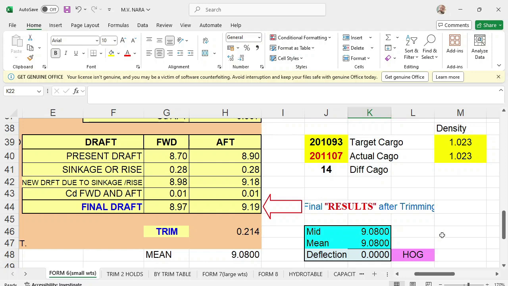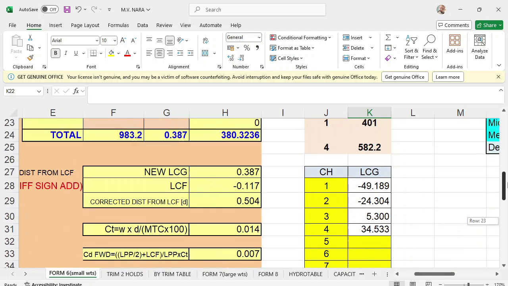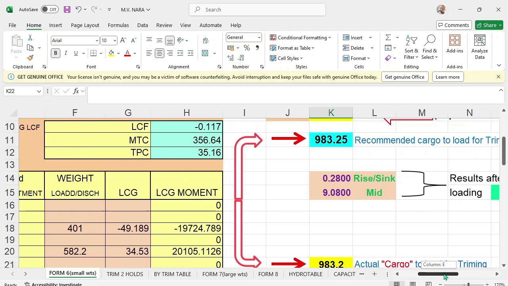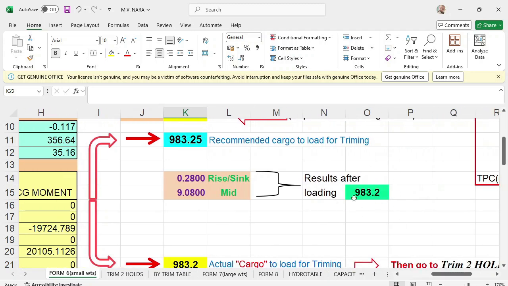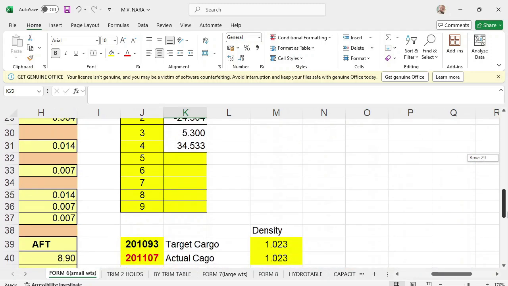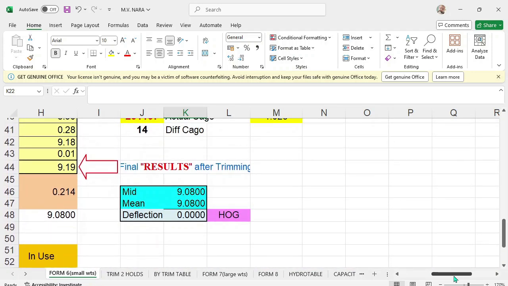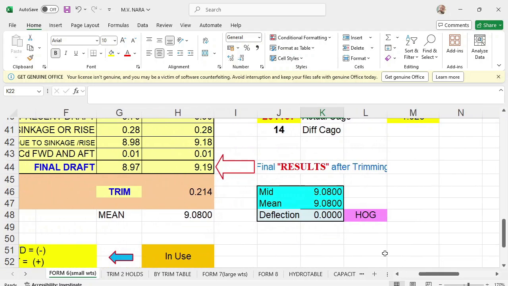Your mid is 9.08, so you have a 0 deflection.